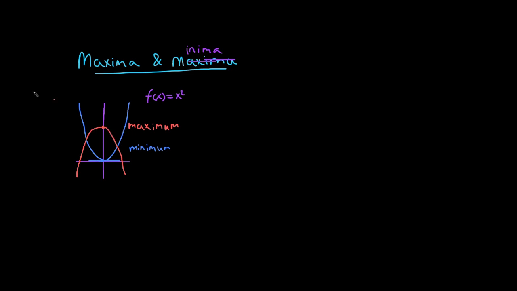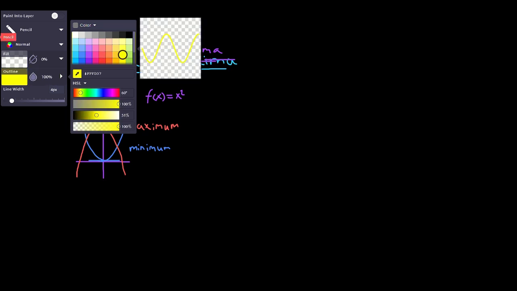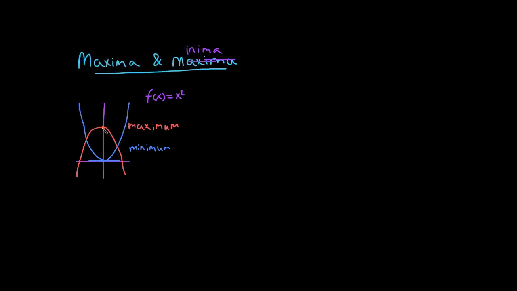The first thing to notice is that at these special points, these minima and maxima, the slope of the graph is horizontal. So the slope is equal to 0, because the tangent line is horizontal. So if the slope is equal to 0, then the derivative of the function f of x must be equal to 0 too. So at minima or maxima, the derivative must be equal to 0.